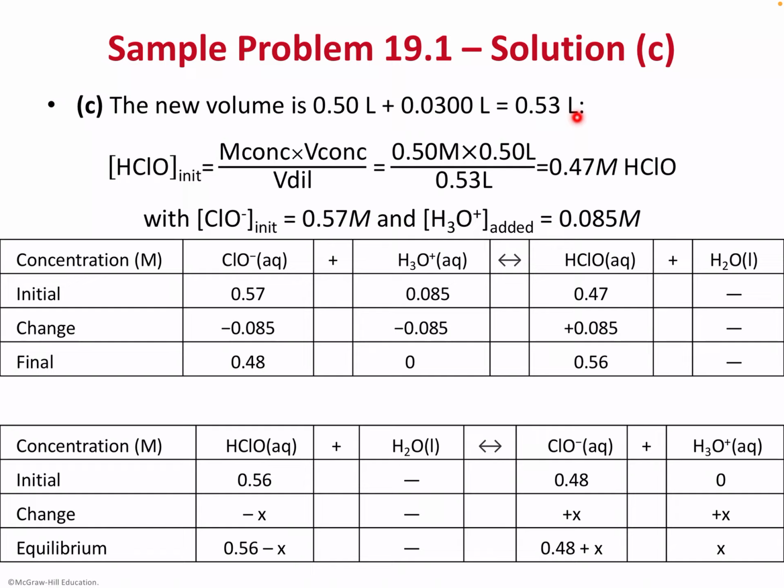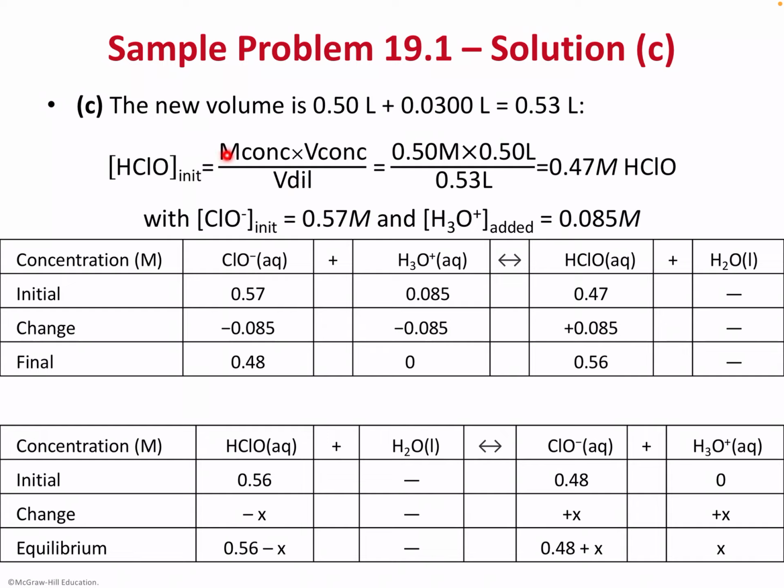Now we have to calculate the initial concentration of the acid, because the concentrations have changed since you added 30 milliliters. So we can use M1V1 equals M2V2: the concentrated solution molarity times its volume equals the molarity of the diluted solution times the diluted volume.